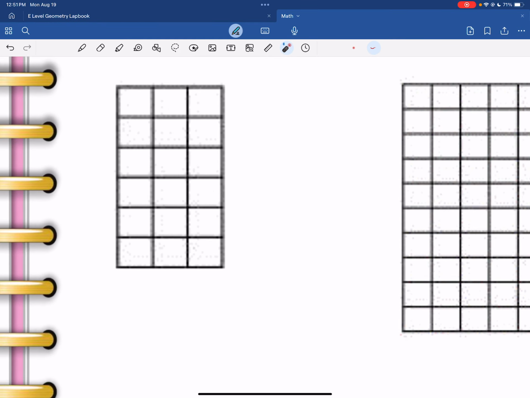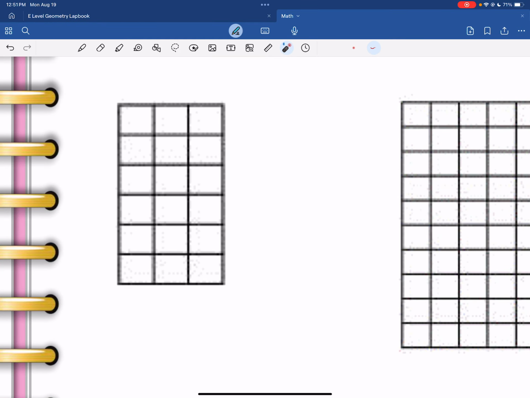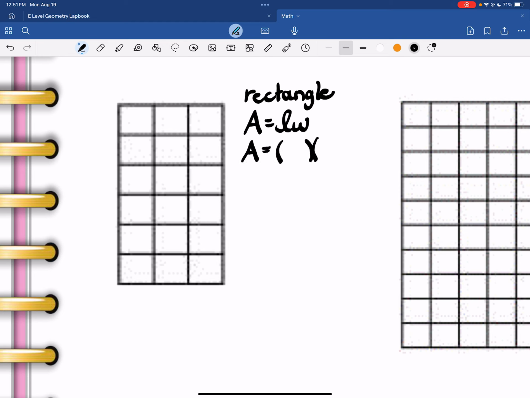Okay, so this one, the area for a rectangle is length times width. So this one is 3 units by 1, 2, 3, 4, 5, 6 units.